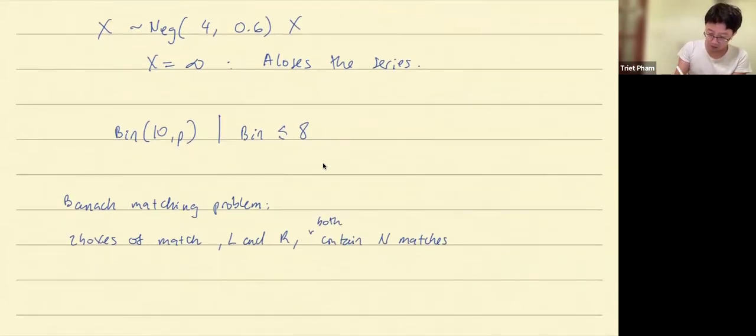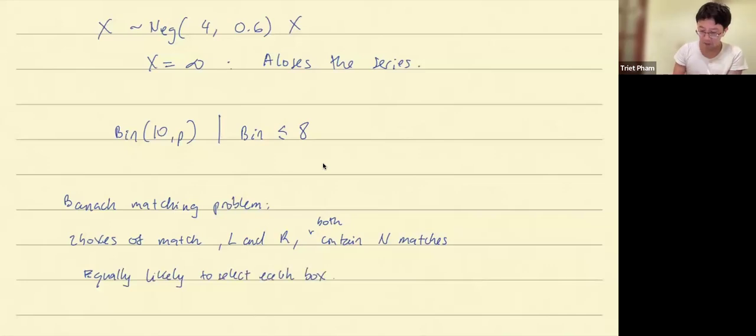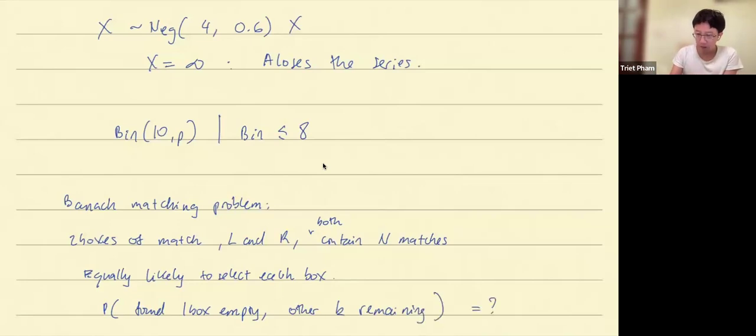And then equally likely to select each box. And you want to find the probability that the person reached into one of the boxes, found it empty, and found the other one to have k remaining.